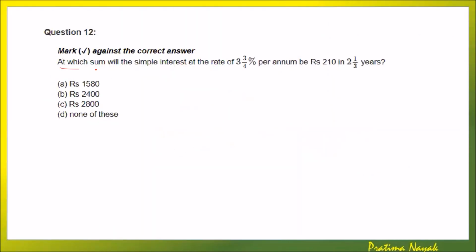At which sum will the simple interest at the rate of 3 and 3 by 4% per annum be 210 in 2 and 1 by 3 years? At which sum will the simple interest at the rate 3 and 3 by 4, this is rate, this is your time, then at which sum?